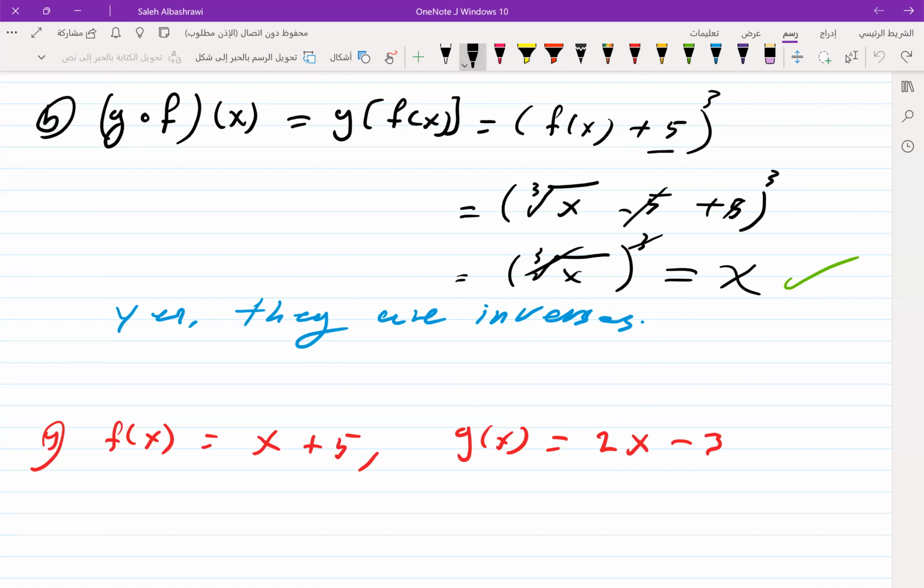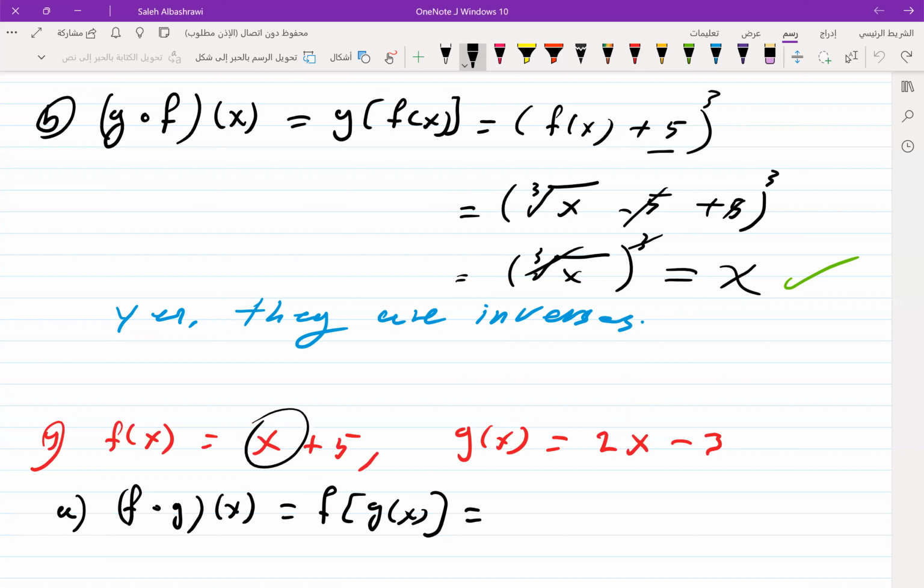If I check the first condition, f composite g of x, that is f of g of x. Replace any x in the function f by g of x.